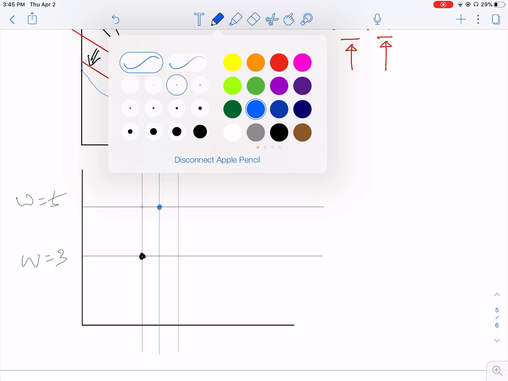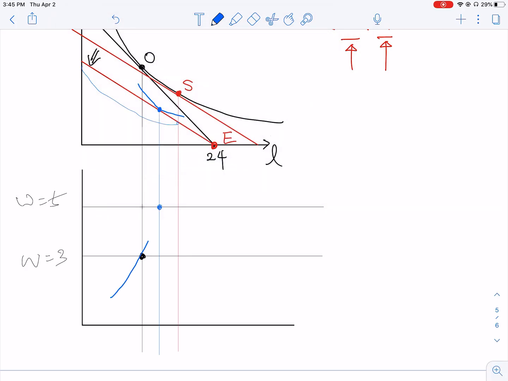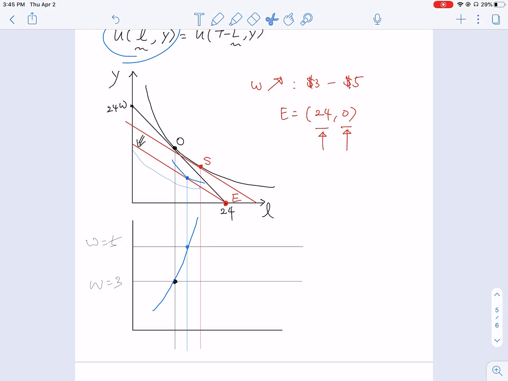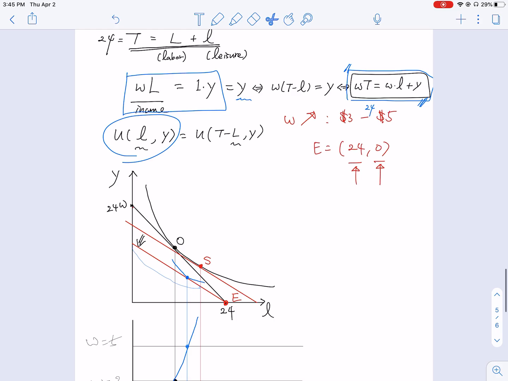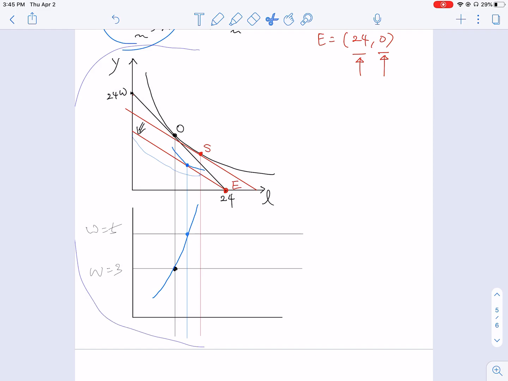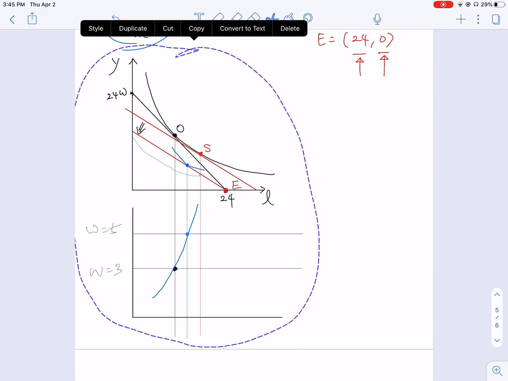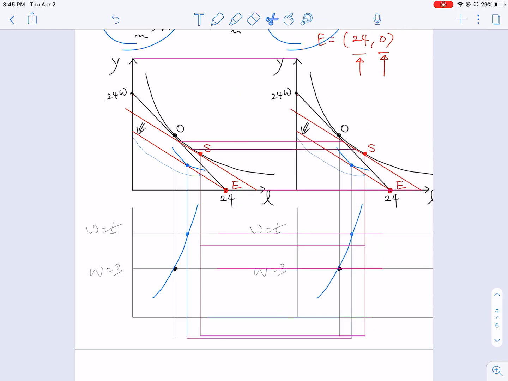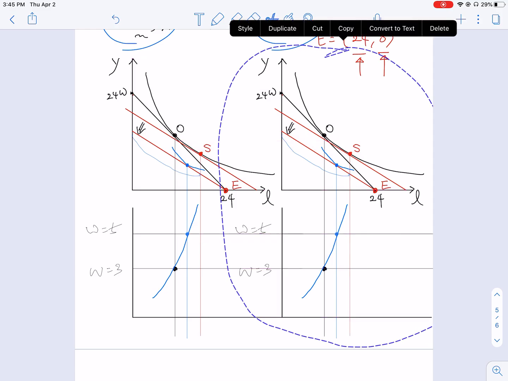You're going to have an upward sloping demand for the labor, right?